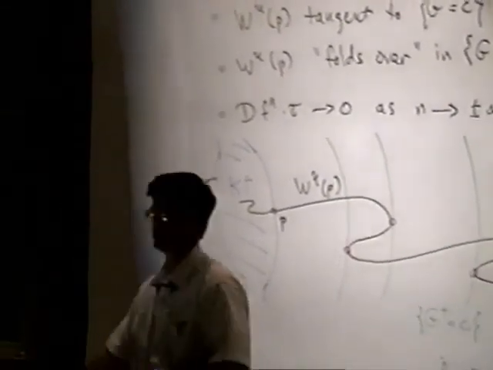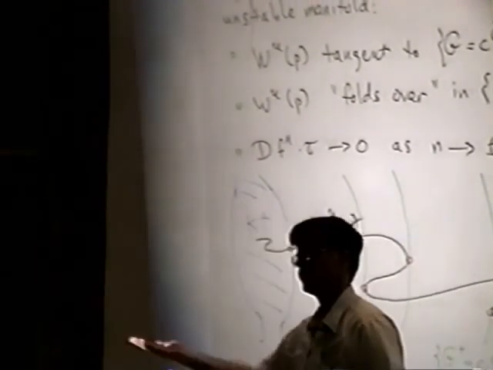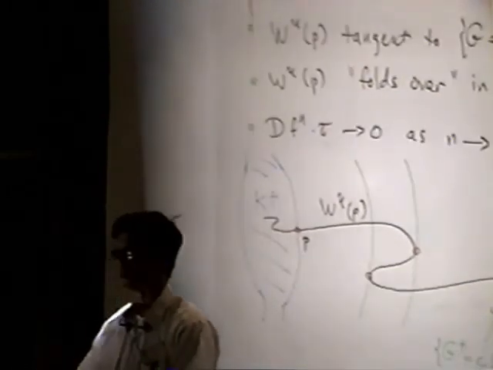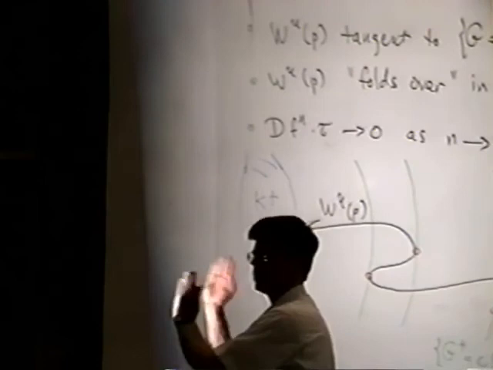But inside of an unstable manifold, we're going to be out here in the set where G plus is strictly positive, we can define critical points, and those will be the points where the unstable manifold basically folds back. So we have some sort of folding behavior, and the way we measure folding is we use the level sets of G plus as our observational pattern, the grid that we look at it against.